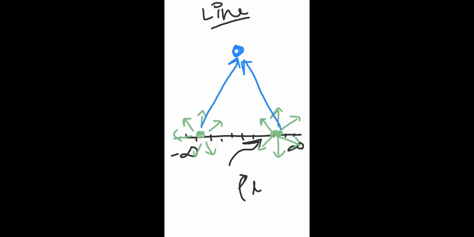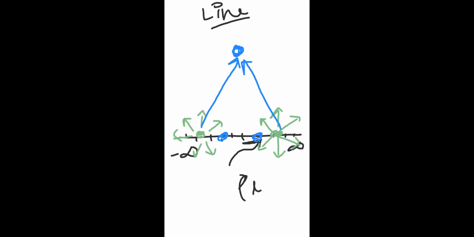Like this, again, there will be charges here also. These charges will also contribute some electric field. First, let us see what this contribution is. Once the contribution is like this, how can you resolve this vector into horizontal and vertical components?